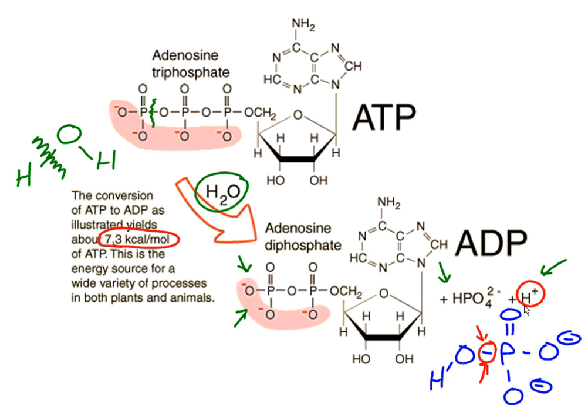So by breaking that bond in the ATP and forming the new bond in the ADP, you're going to end up with a net surplus of energy that will then be available for use in the cell for some other process.